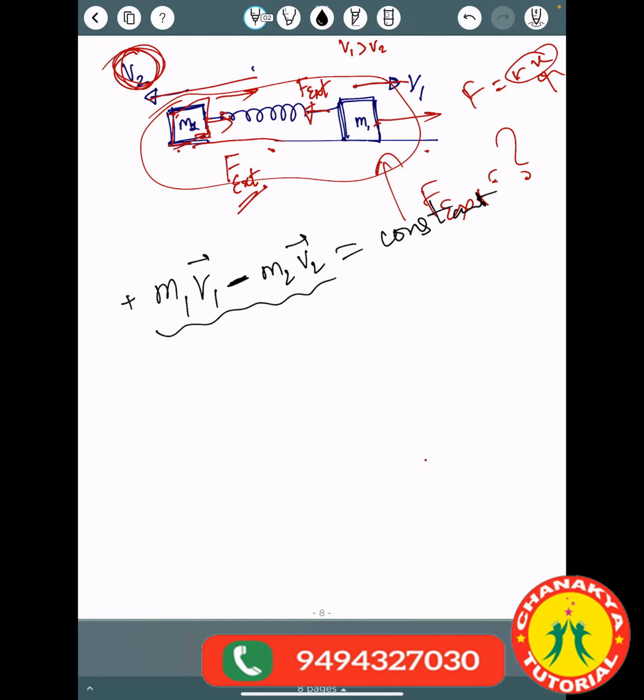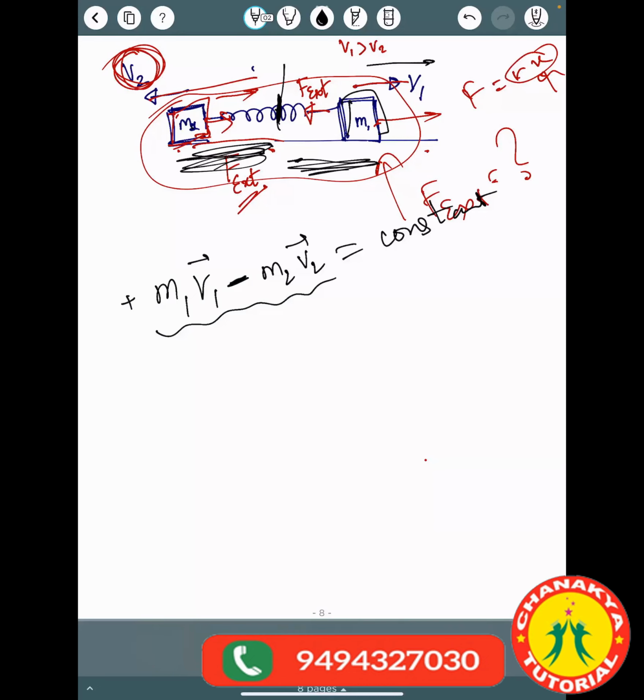But if you sit on the center of mass of these two bodies, you will see that this object is oscillating about the center of mass like this, and this object is oscillating like this, about the center of mass. The forward moving motion you won't observe.